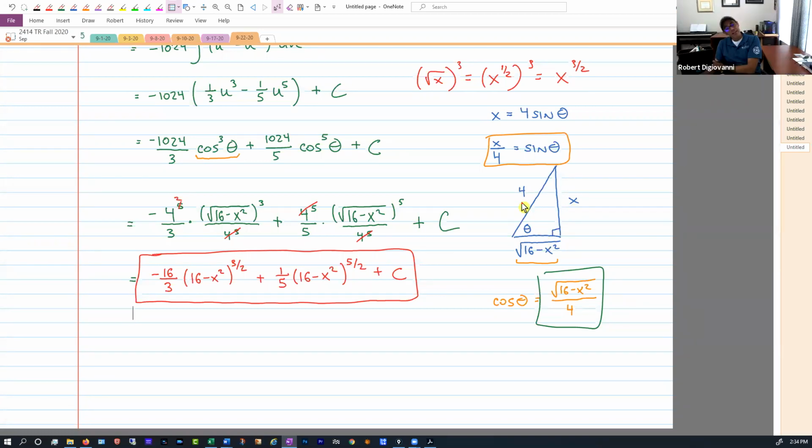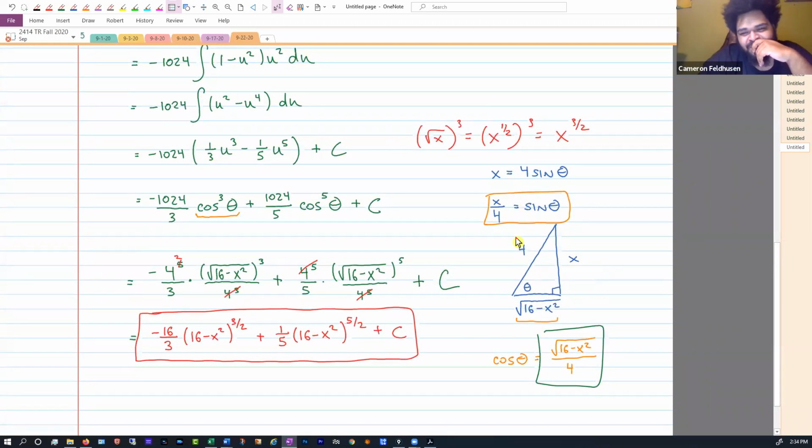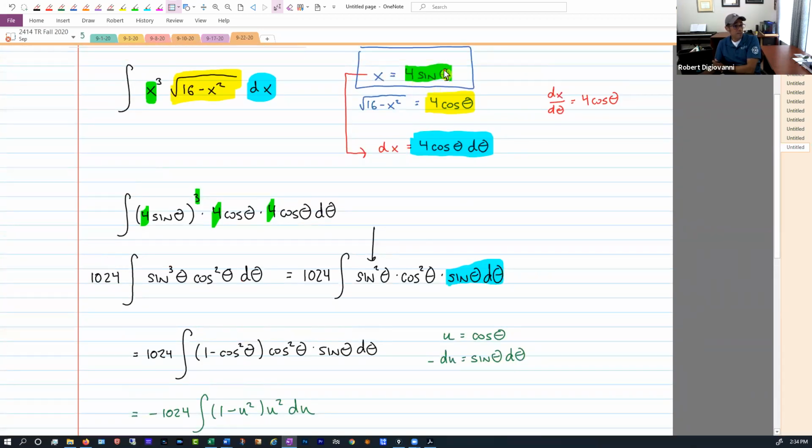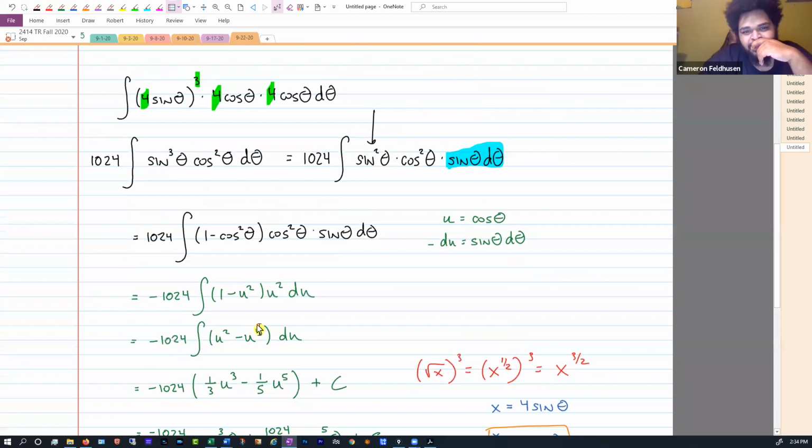Okay. I would strongly recommend you draw a reference triangle. The reason why is because there are going to be problems where you might have some information about sine, but your answer has cotangent in it or secant in it.